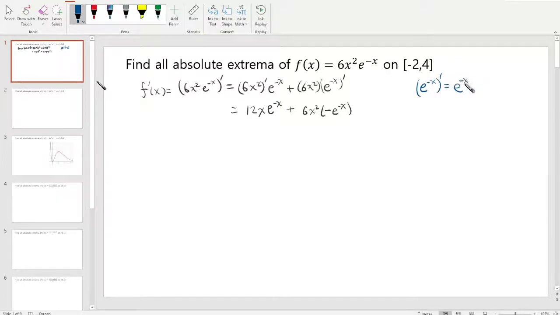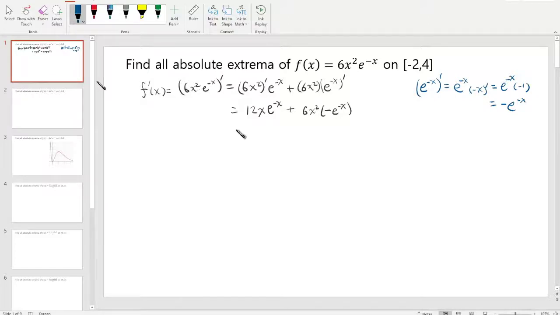And whatever you covered by the big X, that's the inside function. So this negative x is the inside function, which you make a copy of outside and you differentiate. And because negative x differentiates to negative 1, you end up with e to the negative x times negative 1, which is equal to negative e to the negative x. That's why I get this.